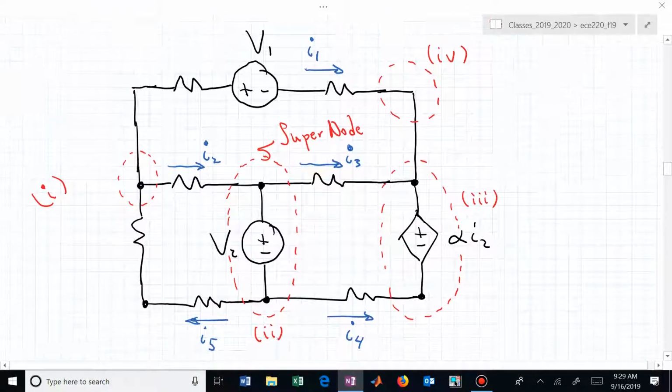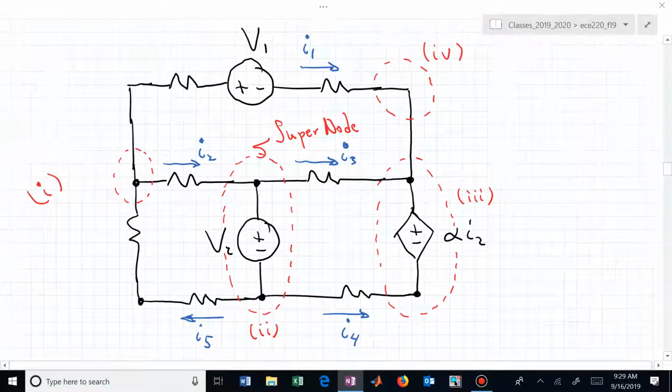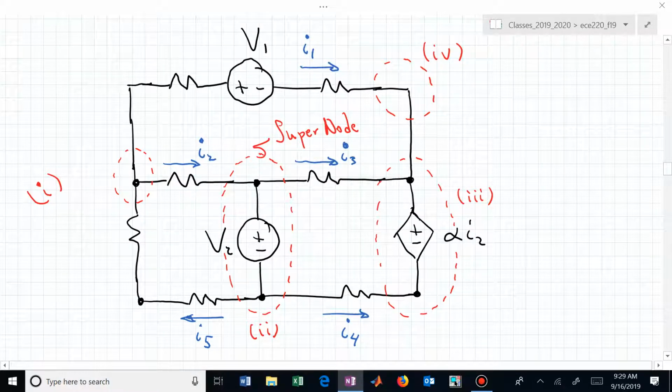Here's the circuit. I should have shown you that so you had time to draw it if you don't have the prepared notes. Now I've created closed boundaries in this circuit. Several of those, 4. And they're not all essential nodes. These are just closed boundaries.